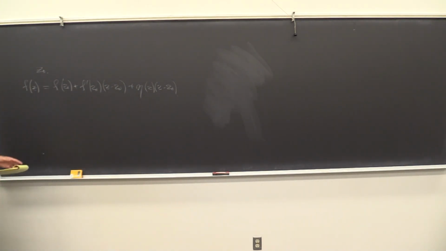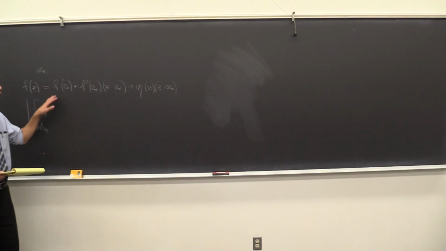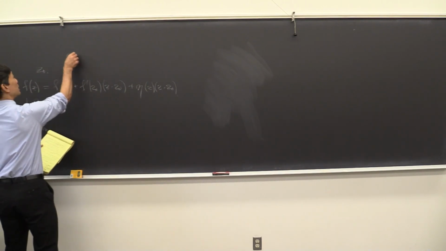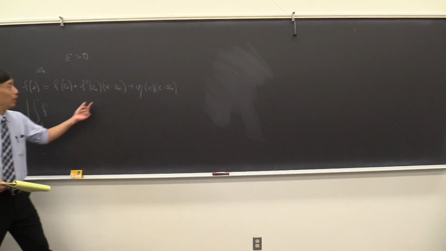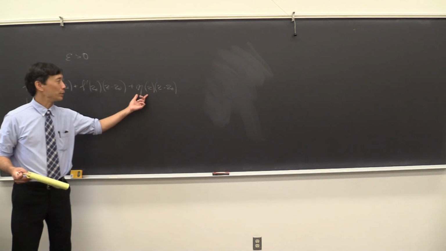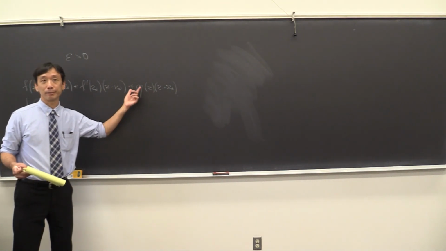And remember, what we wanted to get was a bound on the integral of f over the boundary of some tiny triangle delta sub n, where you had fixed an epsilon, and then you'd chosen the delta sub n so that on the boundary of the triangle, eta was smaller than epsilon.